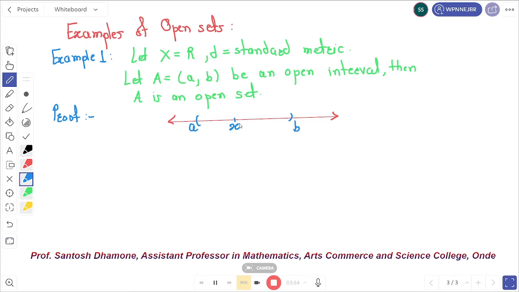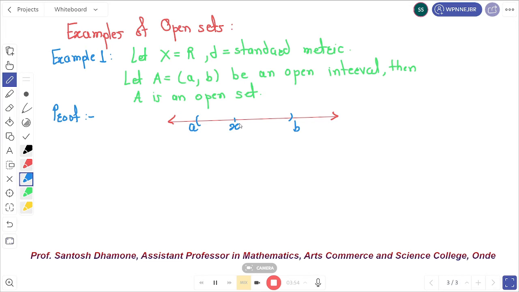This is r equal to the minimum of the set x minus a, b minus x.